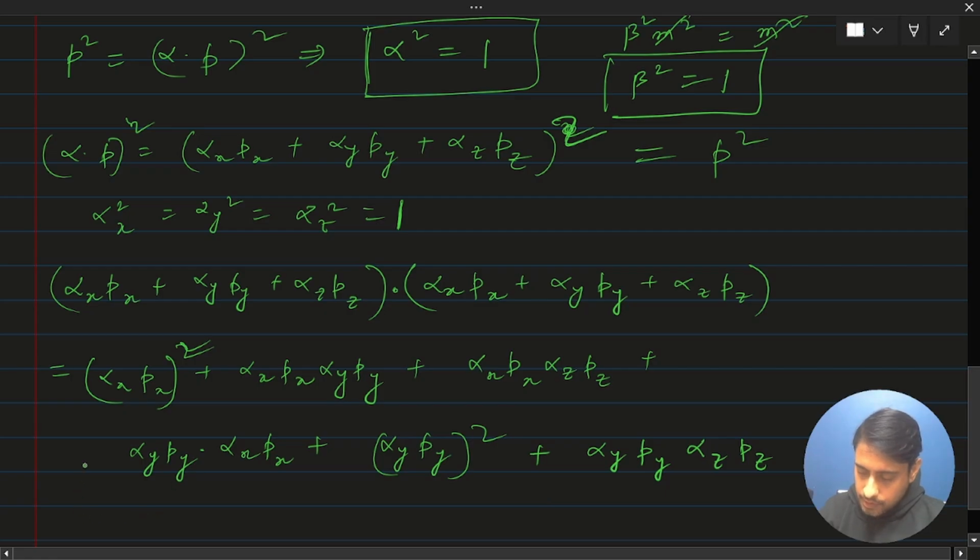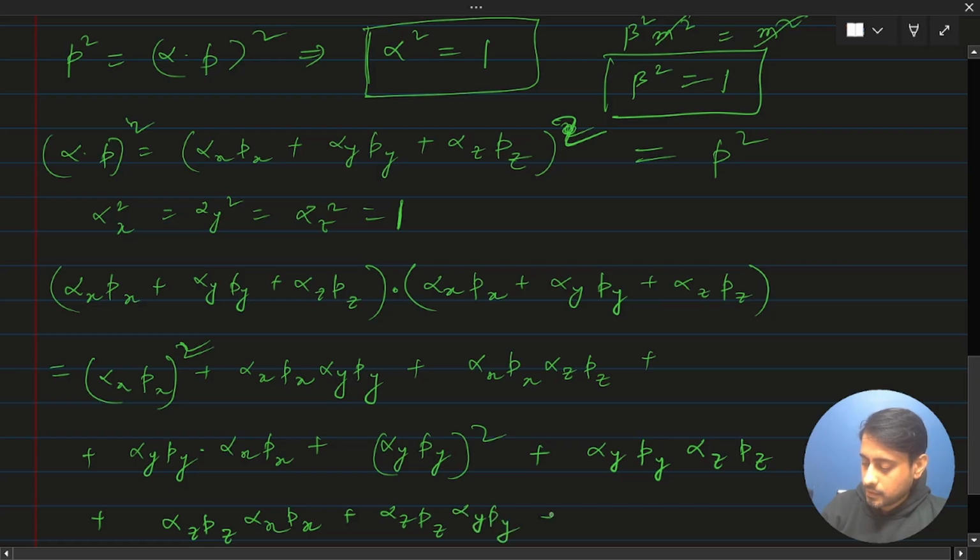And for the third line we have alpha z pz multiplied with alpha x px plus alpha z pz into alpha y py plus alpha z pz into alpha z pz. So either you write it as a whole square or like this.